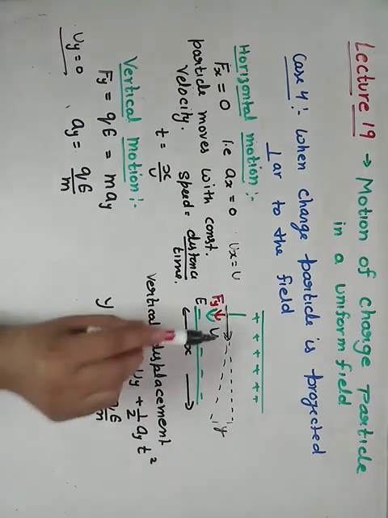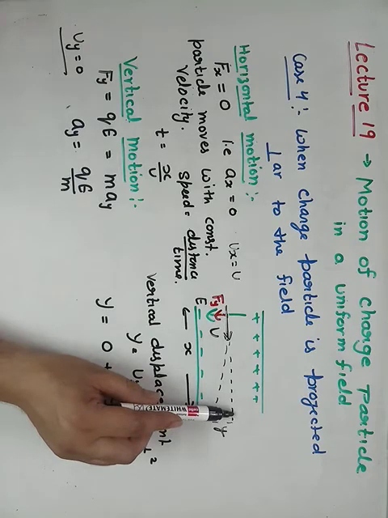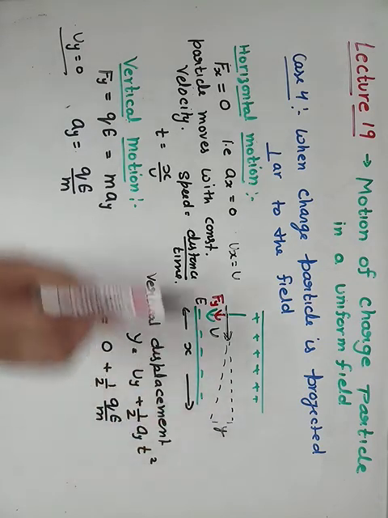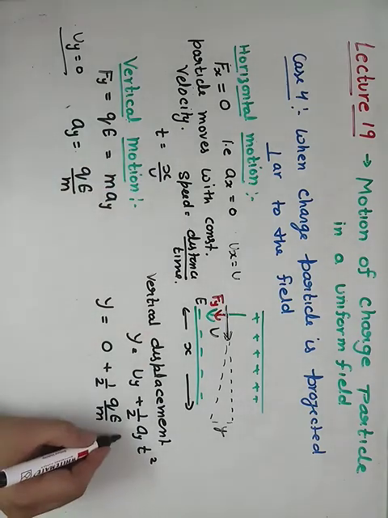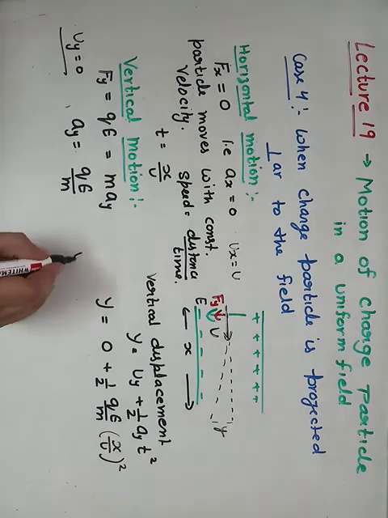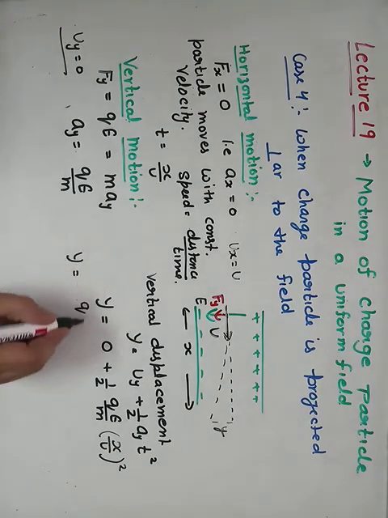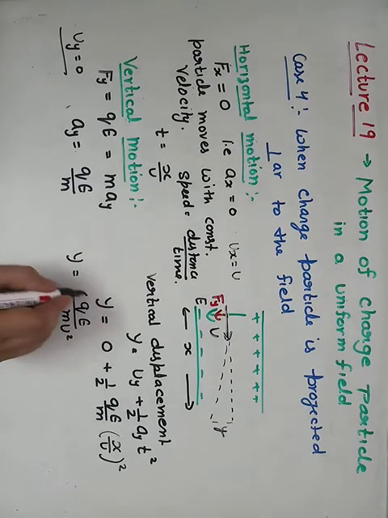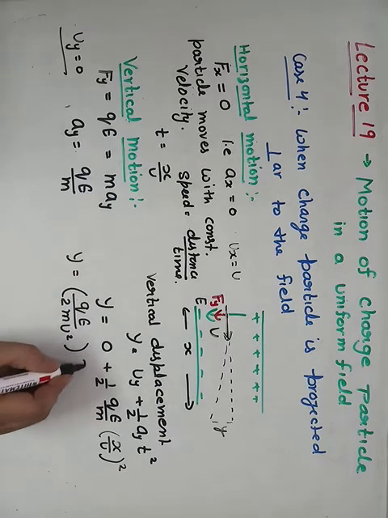In the same time, the particle covers x distance in the horizontal direction and y displacement in the vertical direction. Therefore, t equals x by u, and t square is x by u whole square. Therefore, we get y equals QE by 2 m u square into x square.